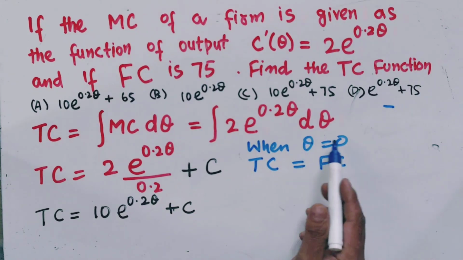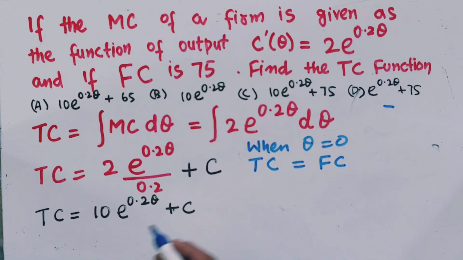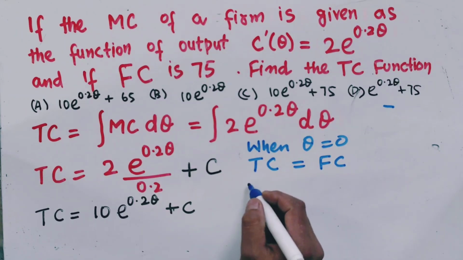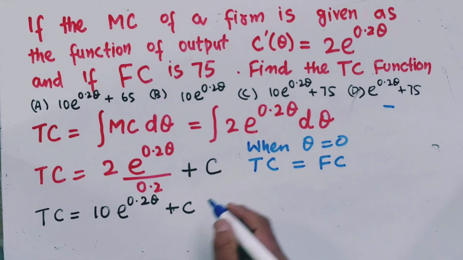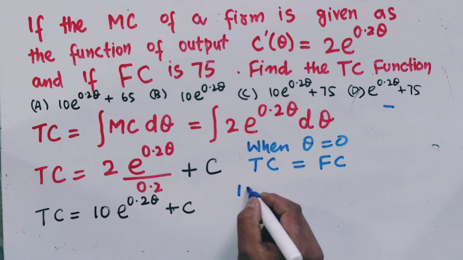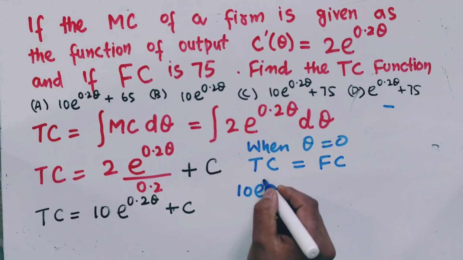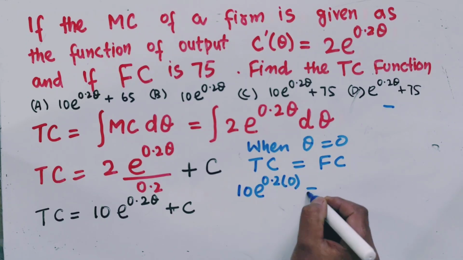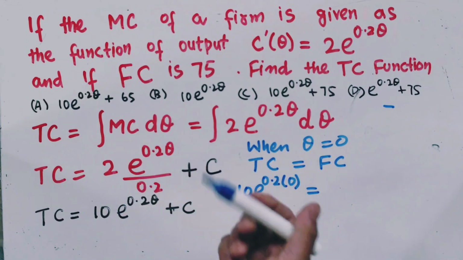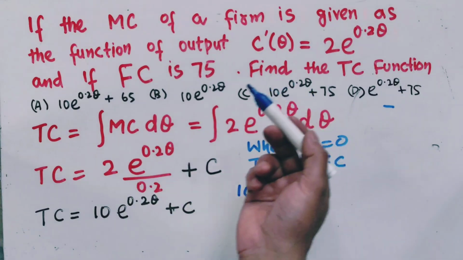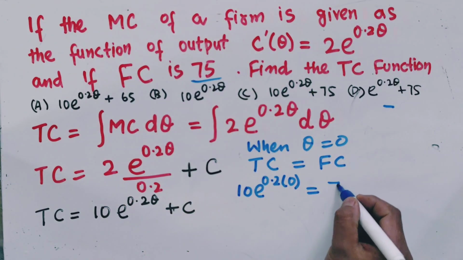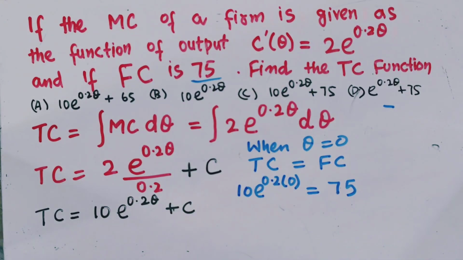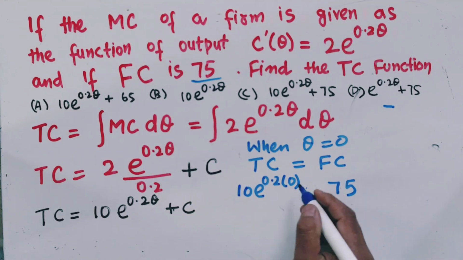So when we plug Q equal to 0 in this equation, we get 10 times e raised to the power 0.2 times 0 equals the fixed cost that is given, here we have 75, plus we add the constant of integration, and this is our total cost function.